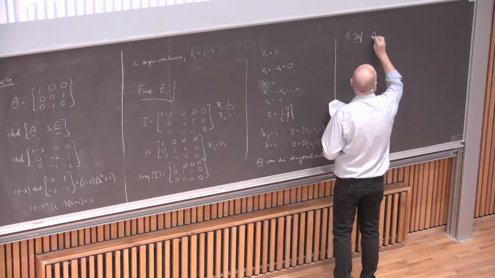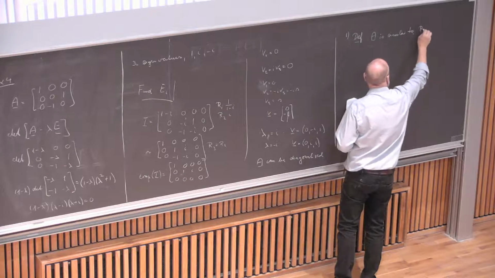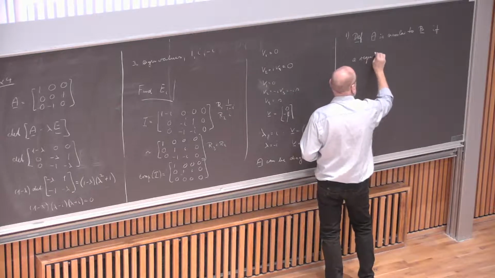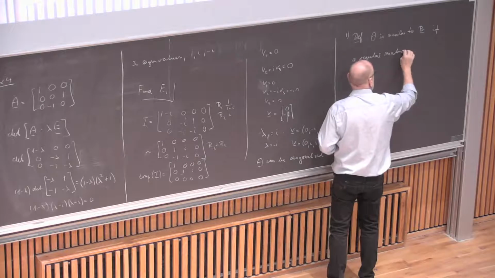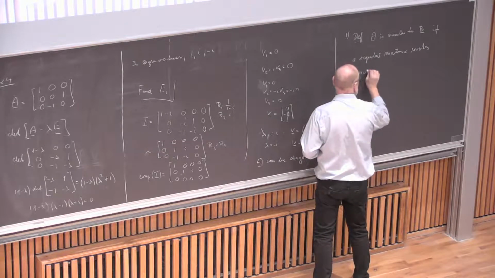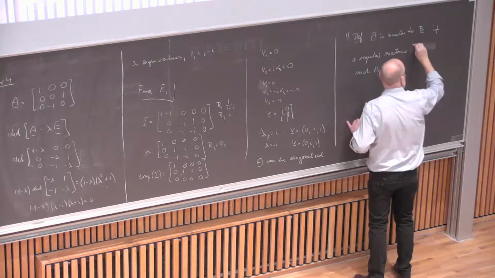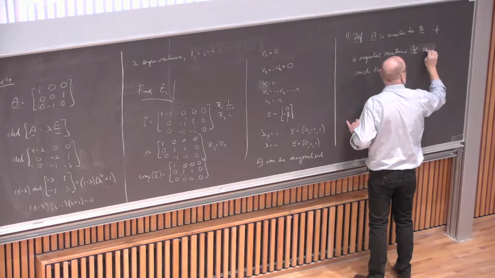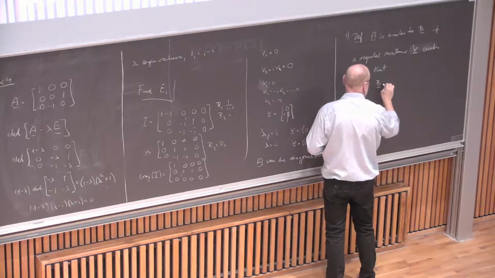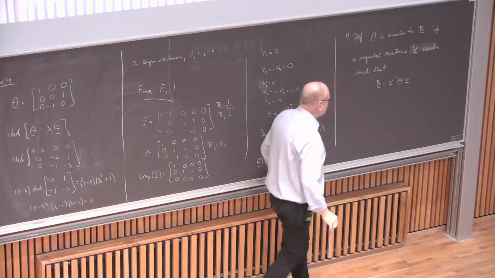A is similar to B if a regular matrix, I call it V, exists such that B is equal to the inverse of this regular matrix times A times this regular matrix.